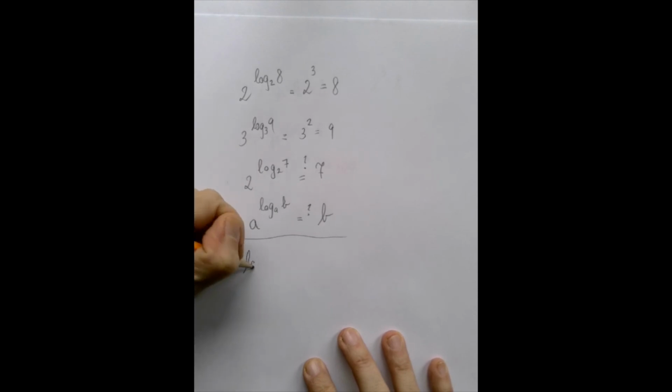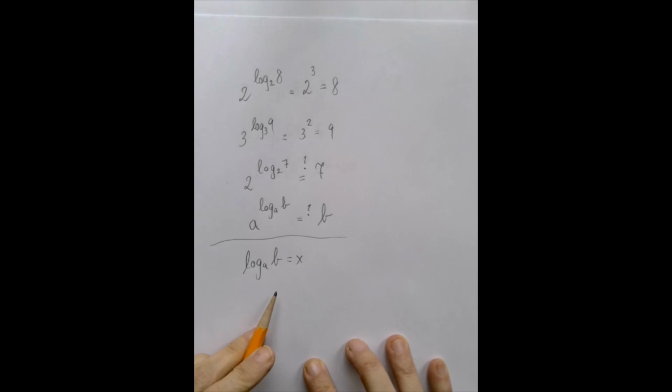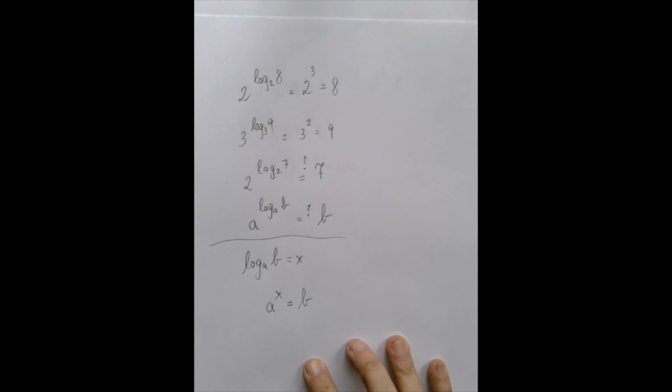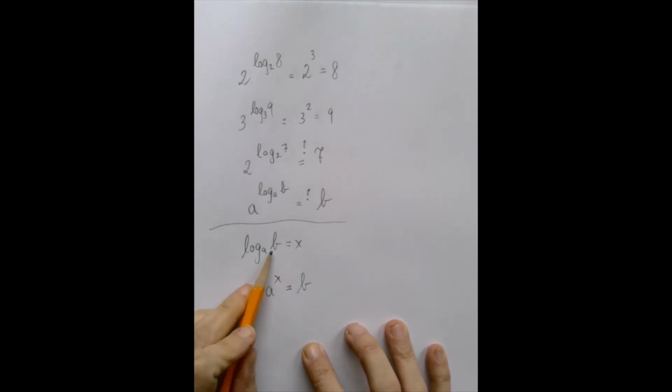Well, let's check it out. If we call log a of b x, then that means that x is the exponent, the number of a factors that we need to achieve the product b. So that means that a to the x power will give us b. And now comes the magic. x is log a of b.